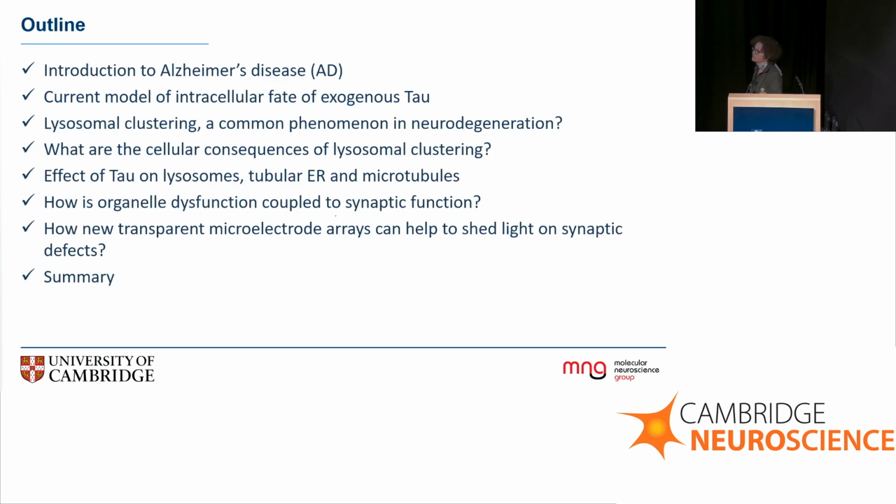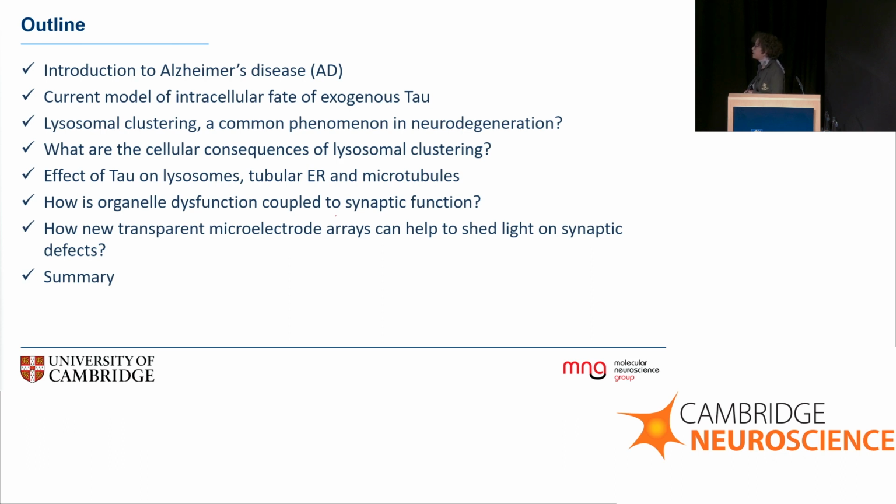So let me start with a brief outline of my talk. I probably don't need to do an introduction into Alzheimer's disease, but I put it there for completeness. I will then talk about the current intracellular model of tau, especially exogenous tau.